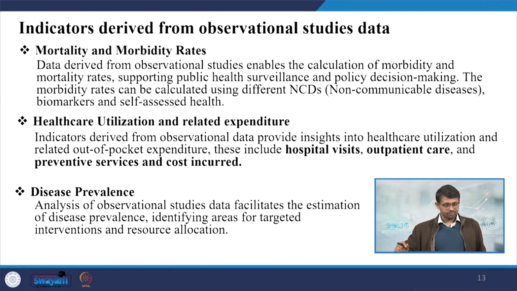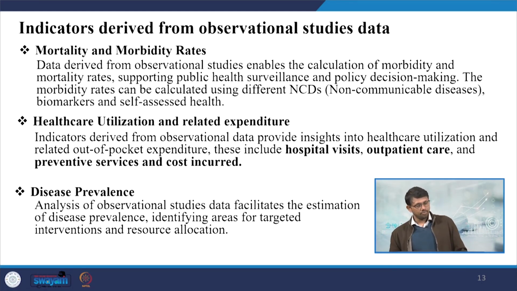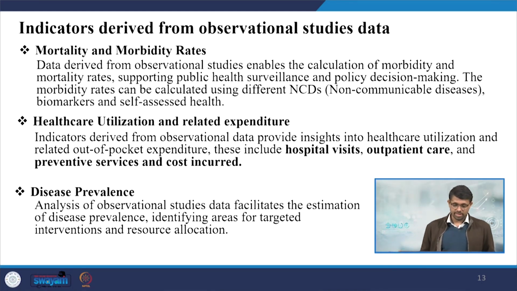Besides that, the indicators derived from observational studies data include mortality, morbidity rates, healthcare utilization and related expenditures, and disease prevalence. Within mortality, we will have complete coverage of non-communicable diseases, biomarkers and public health.